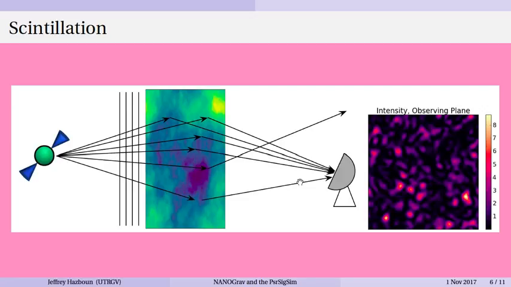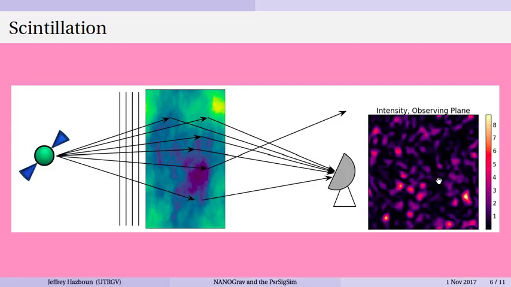So some go very short paths, some go very long paths, and at different frequencies this manifests itself in a couple of different ways. But on the right here, what I've shown is how scintillation happens, which is that at different frequencies, since the light travels different paths, it can interfere with itself constructively or destructively. And so you get bright spots where it interferes constructively and dark spots where it interferes destructively.